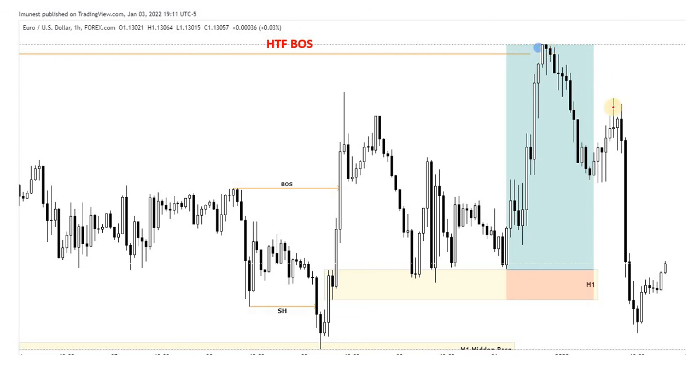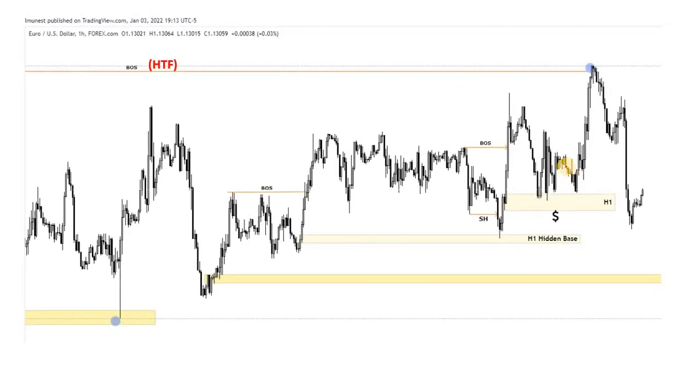Because now price is retracing, and all of this, the internal structure, is going to be liquidity in this case, until price gets to either a discounted area or a fresh zone on the higher time frame to take it up higher. Okay, so this is exactly what we're saying.